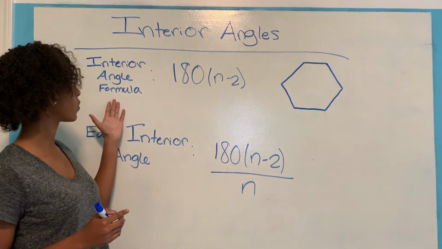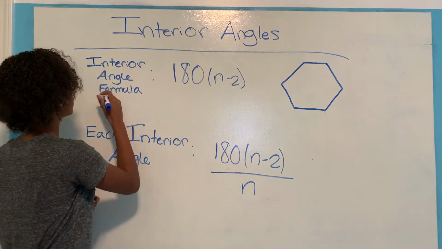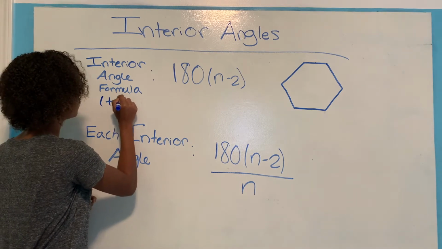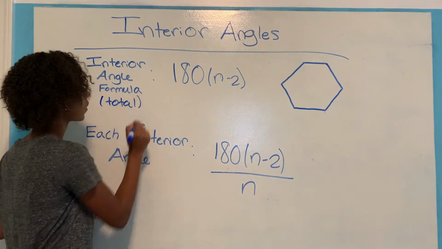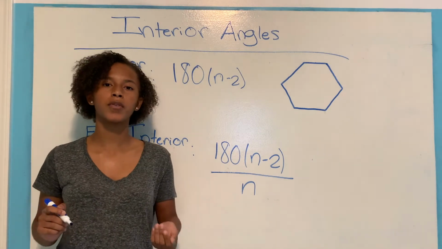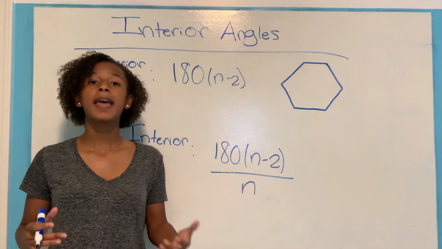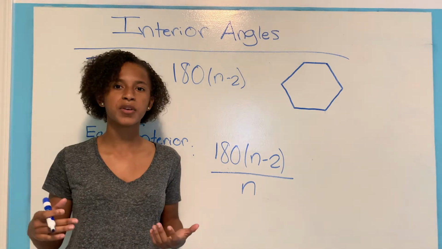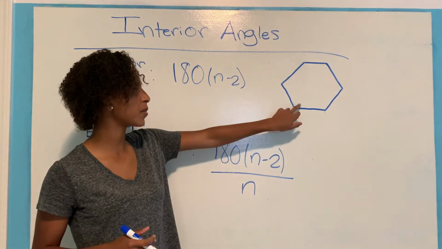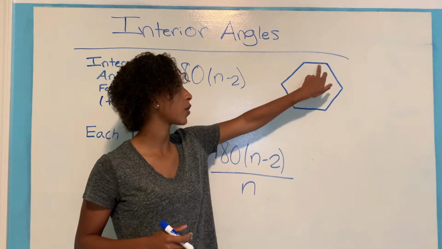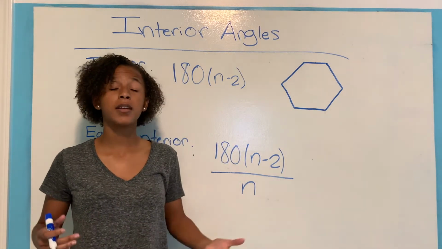So the first one is for the total. It's the total number of degrees in any polygon, and this is the formula to do that. And what I mean by the total number of degrees, it's the degree measure of each interior angle in a polygon, and it's just the total number.